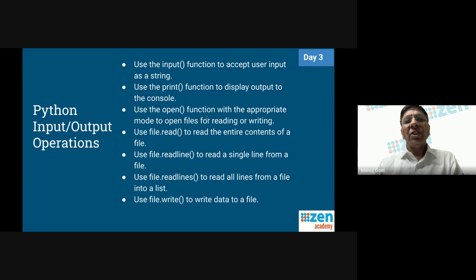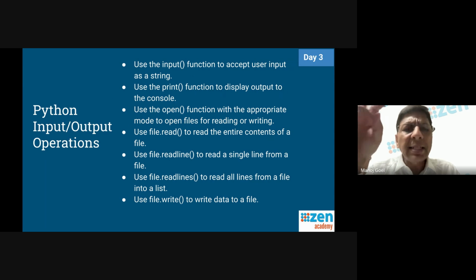Use the open function with the appropriate mode to open files for reading or writing. Now this is important. Actually, from here to here, all is related to files. So far, whatever we are doing in the Python console is in memory. As soon as I close my terminal window, whatever was stored in the memory will be disposed of.